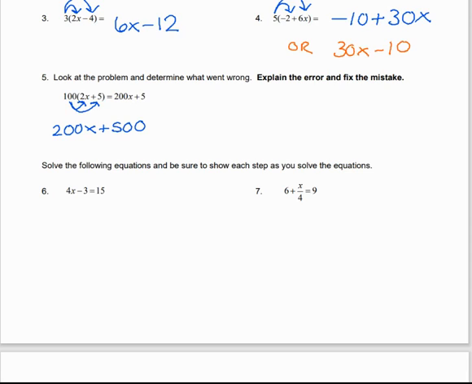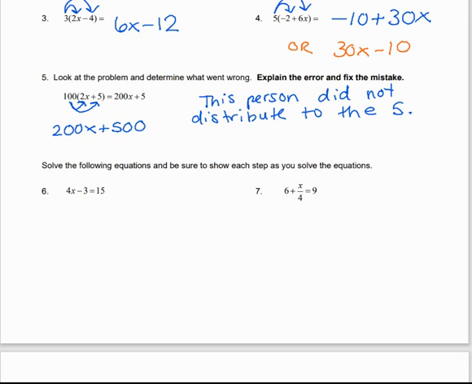Well, we fixed the mistake, and the error is that this person did not distribute to the 5.